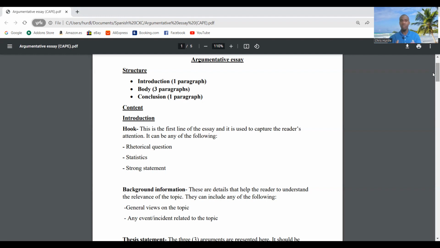And that's what rhetorical questions do, right? Statistics are always very persuasive, yes, and a strong statement. I could also include a quote. If there's a quote that is relevant to this topic, I can include that as a hook, right? So this is our first line of the essay, and we need to start on good footing, right?